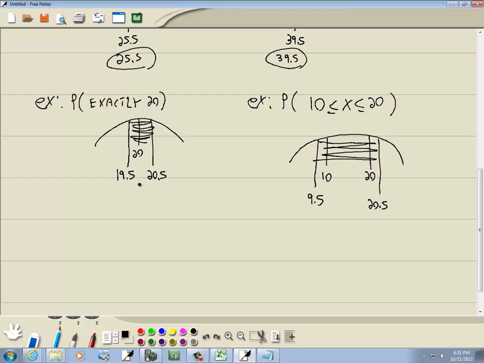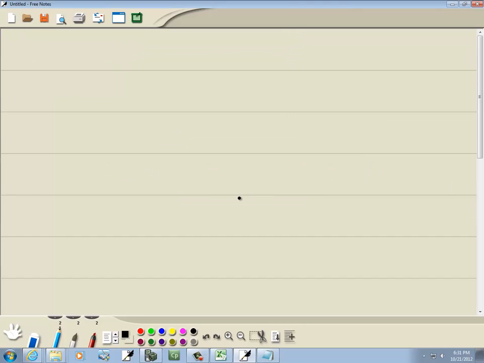Well, let's take a look at how to do the setup now. Let me start a new page. And let's look at case 1. This is where it's shaded to the left.